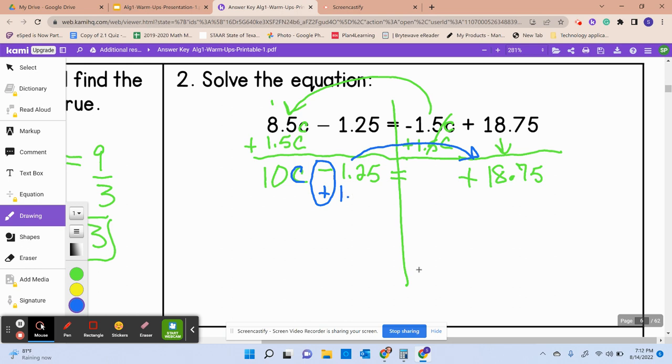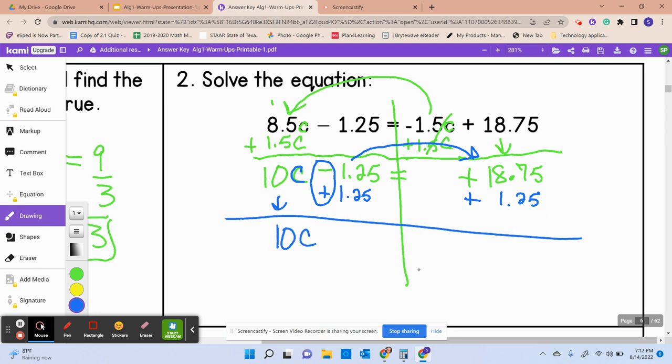So plus 1.25 plus 1.25. So now you have 10c is equal to, that will be 0 there. 5 and 5, that's 0, carry the 1, 7, 8, 9, 10, 0, carry the 1, 10, 20. Okay, so now you have 10c is equal to 20.00. So you could divide by 10 and divide by 10. So now c is equal to 2.